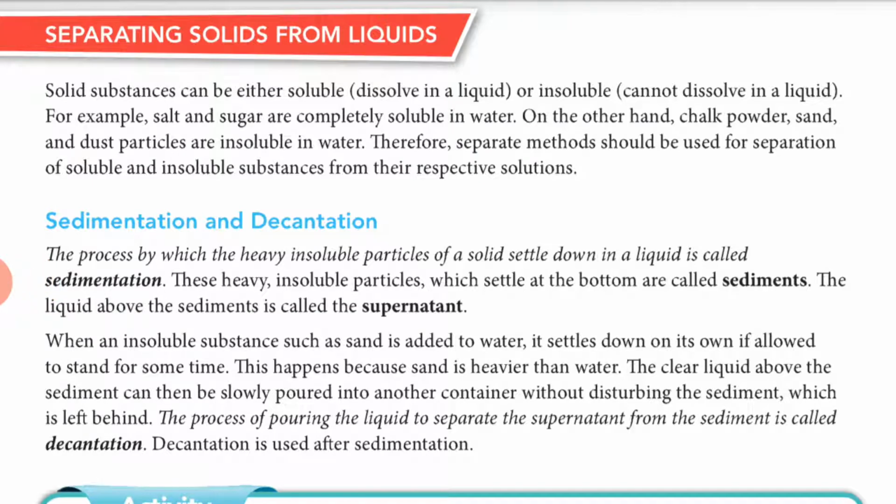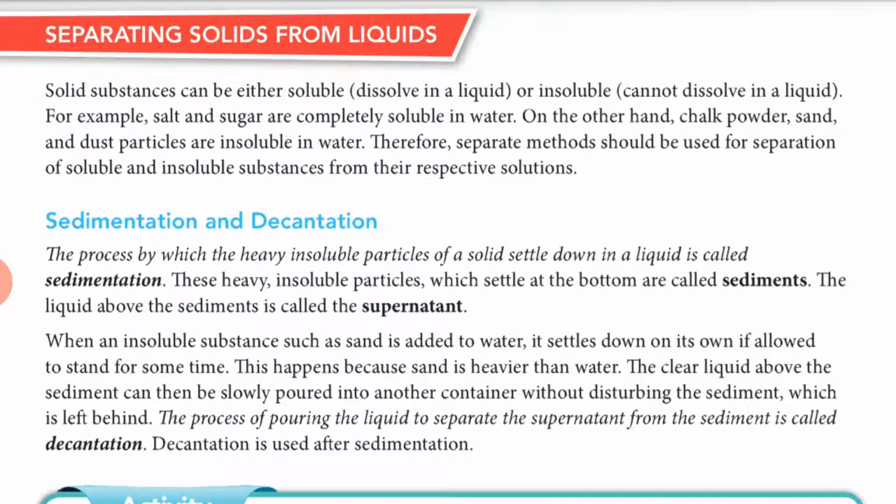Now our next mixture is solid and liquid. When a solid is added in a liquid and we want to separate both, solid and liquid, how can they be separated? Here the solid added in the liquid should be an insoluble substance, right?